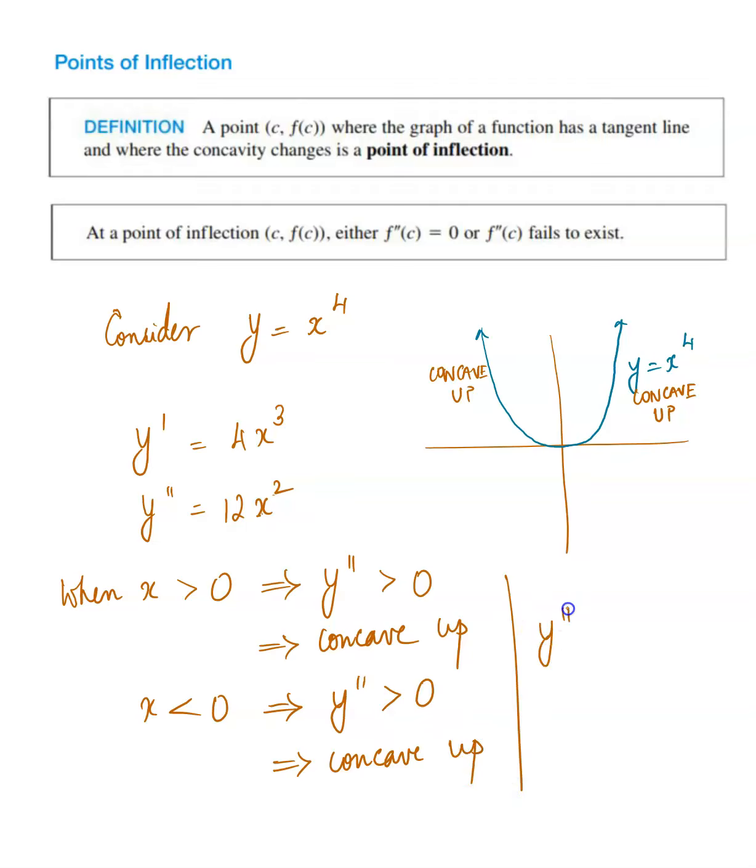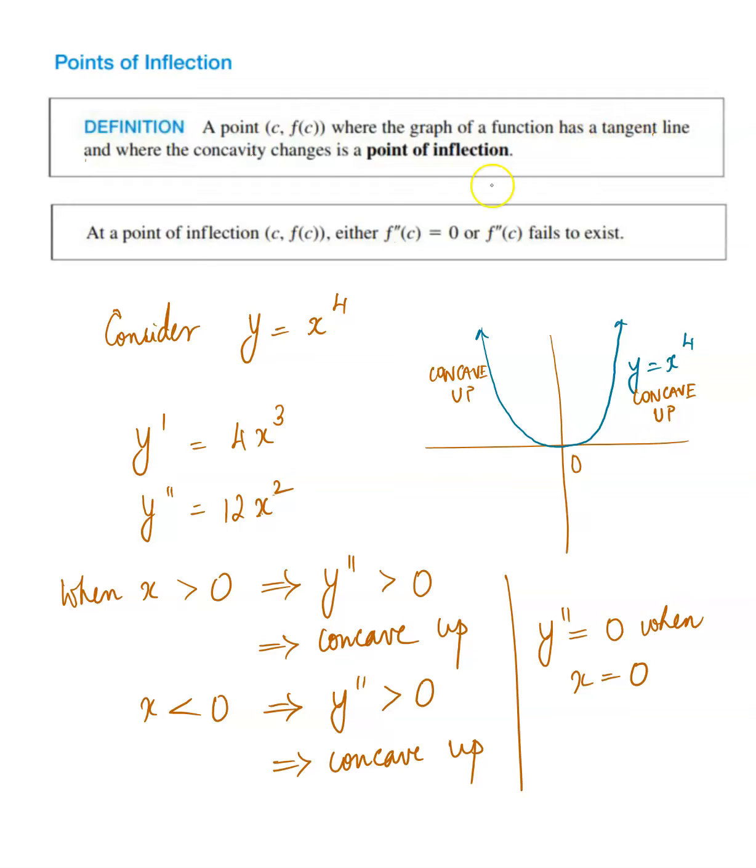However, y double prime is equal to 0 when x is 0. So if you look at this definition here, at a point of inflection, either f double prime is 0 or it fails to exist. That was an additional condition. We do have y double prime equal to 0 here. So is 0 a point of inflection? If you go back to the definition, we always look at the definition. It says two things must happen: the graph must have a tangent line and the concavity must change.